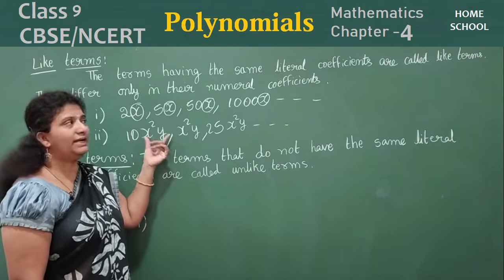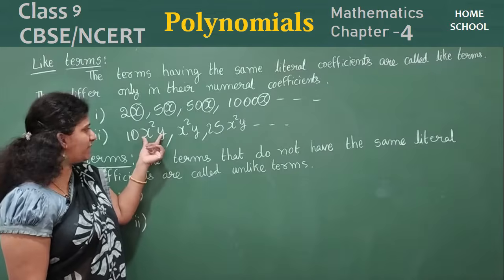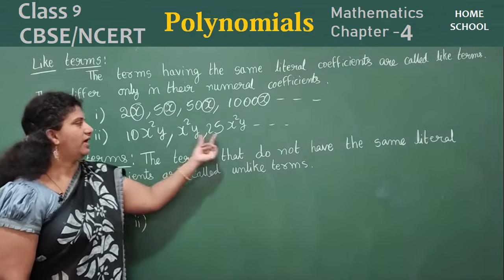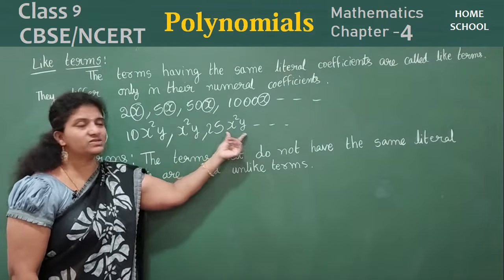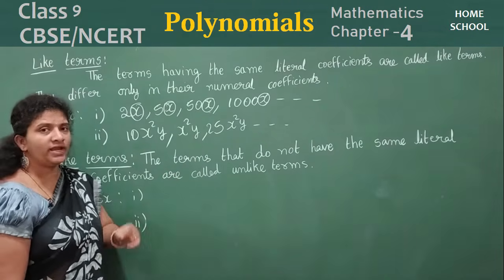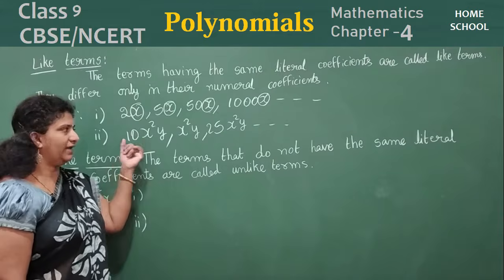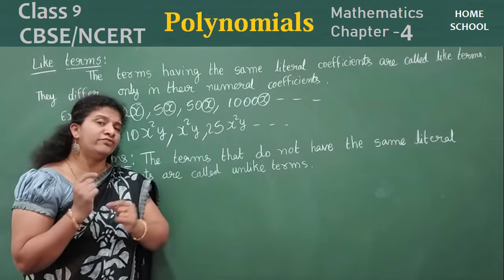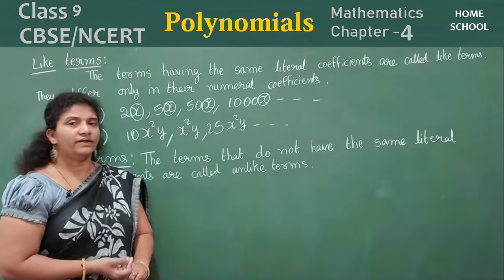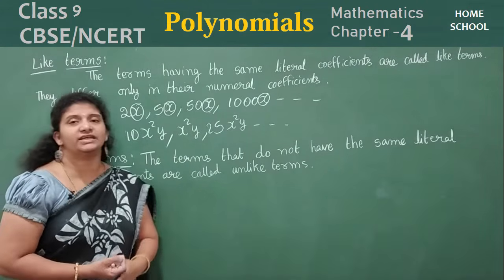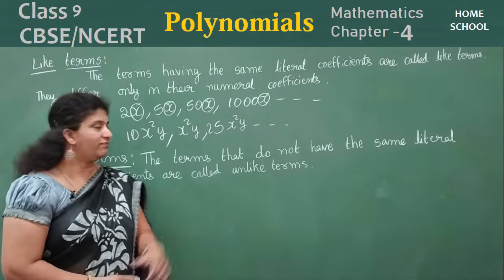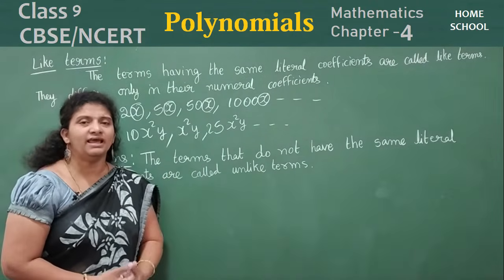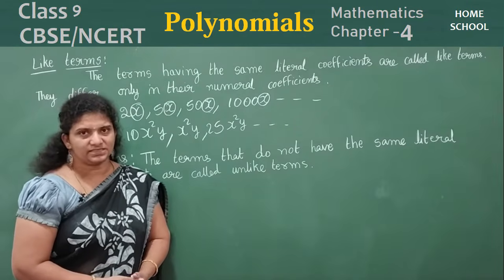The literal coefficient or the algebraic coefficient identified here is x square y, x square y, x square y. Observe the numerical coefficients 10, 1, 25. So numerical coefficients may differ, whereas the algebraic coefficient is the same. If they are the same, then all these terms we call like terms.